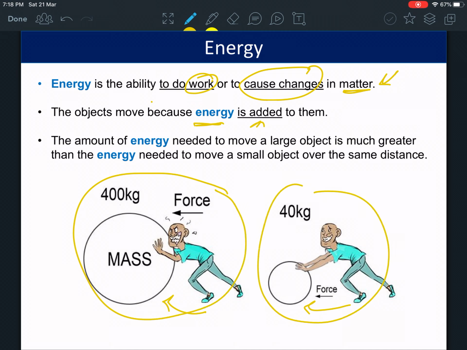Number 1 is moving a 40 kilogram ball, and number 2 is moving a 400 kilogram ball. Which one would probably need more energy to move the ball? Yes, you're right. Number 2 needs more energy. Why? Because the object is larger, so he needs more energy to move it.